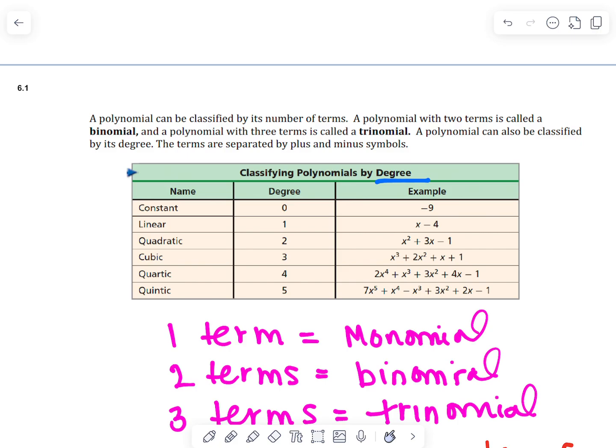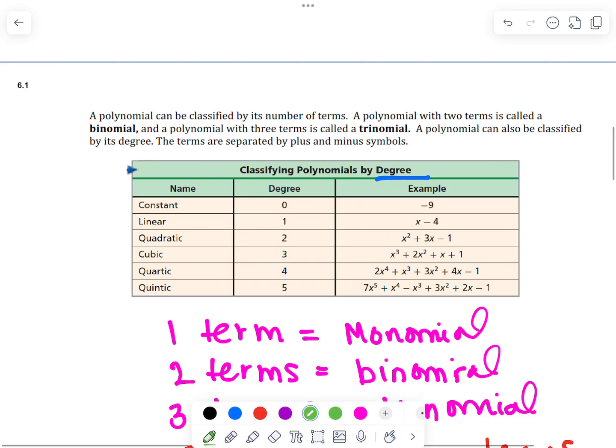If we have a degree of 1, this would be the polynomial y equals x minus 4, the degree is 1, so we call that a linear function.